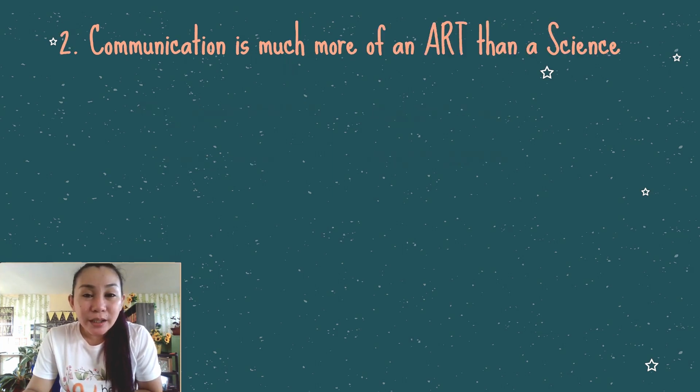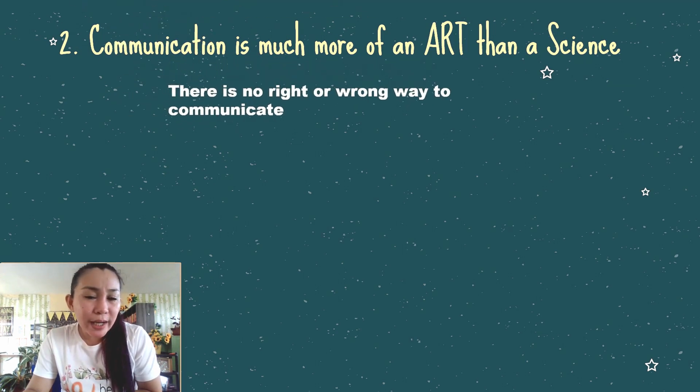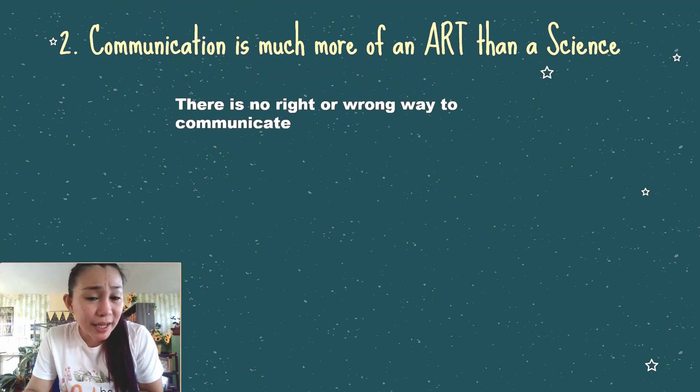Okay? Now let's proceed to number 2. It's been stated here that communication is much more of an art than a science. Why? Yes, why do you think so? According to this, let's read. There is no right or wrong way to communicate. Yes, we don't have to follow rules. When we are still babies, we know how to communicate with our parents.